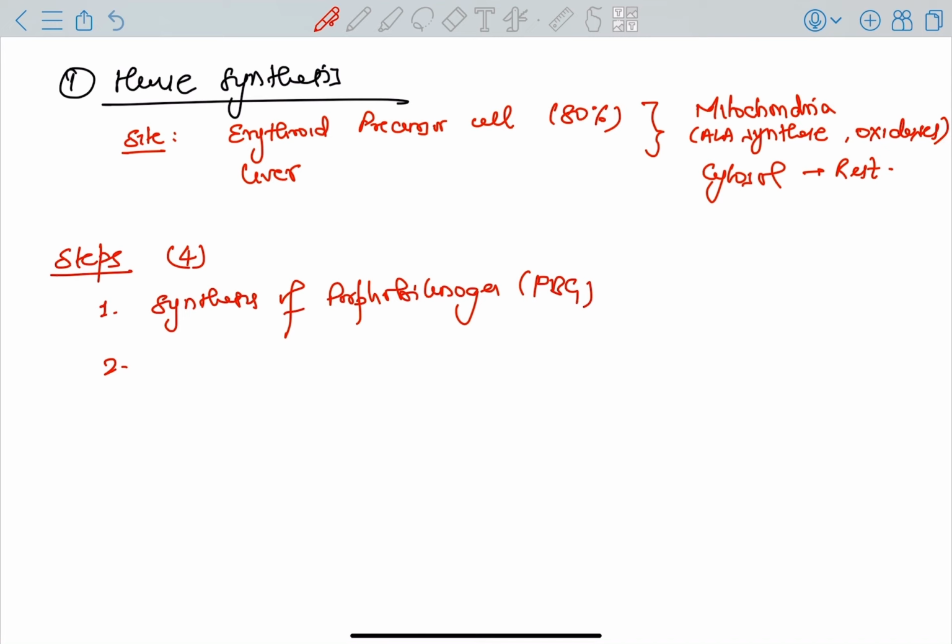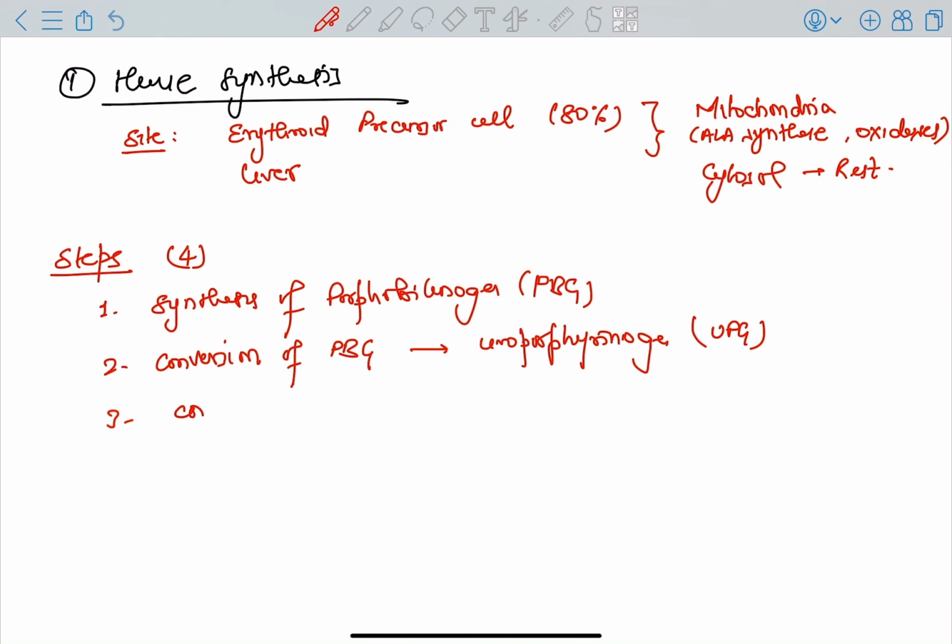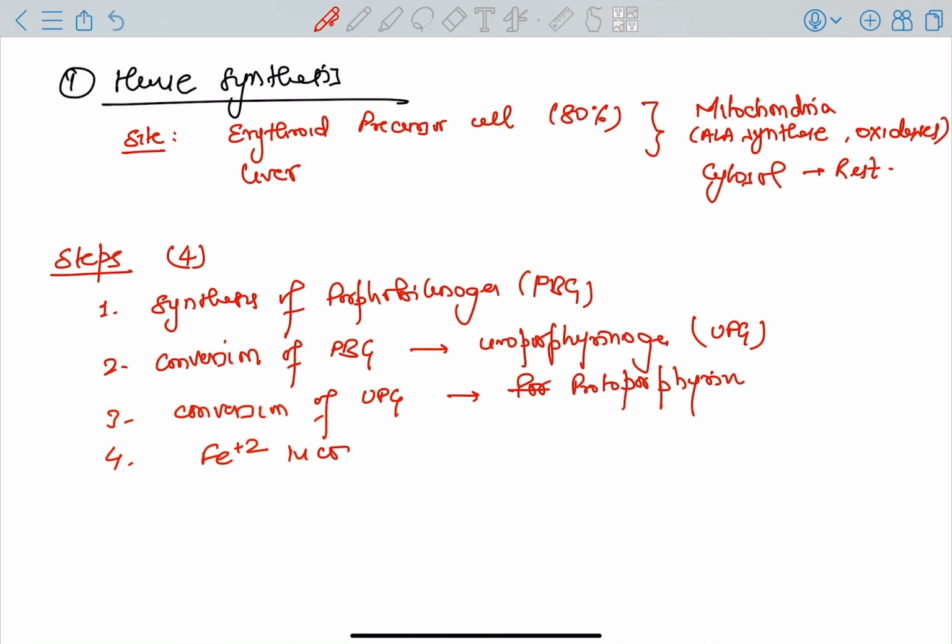The second is the conversion of porphobilinogen to uroporphyrinogen, UPG. The third step is the conversion of uroporphyrinogen to protoporphyrin, with more steps in between. And then the last one is the incorporation of Fe+2. These are the basic 4 steps that come under heme synthesis.